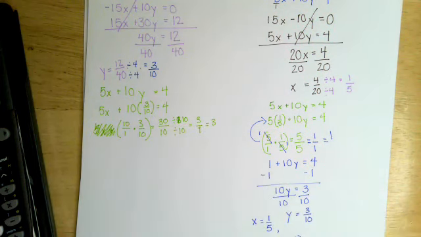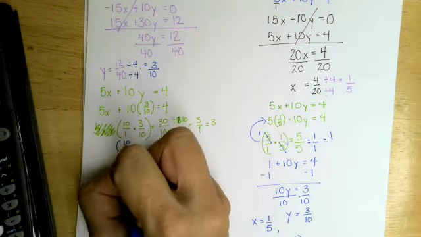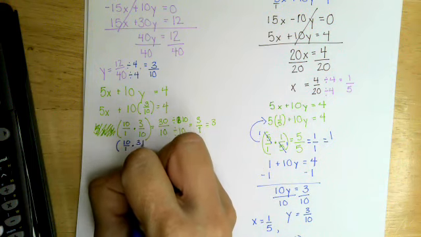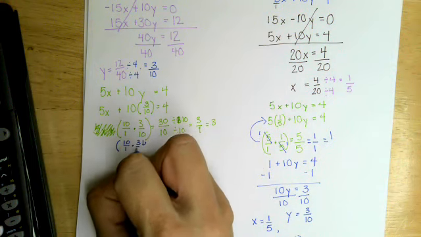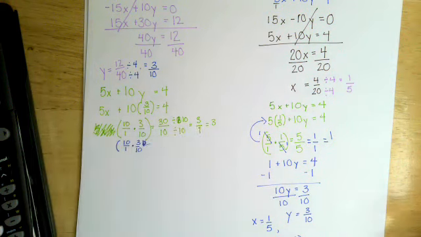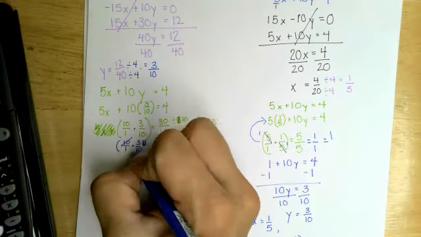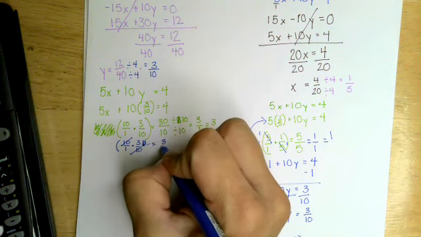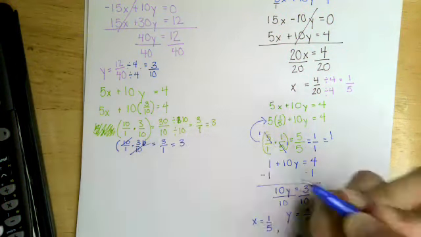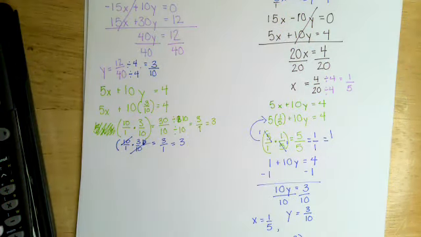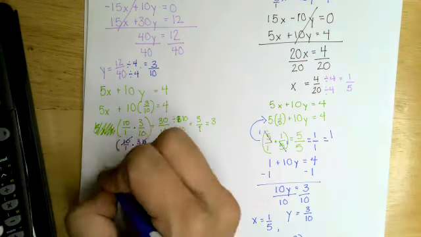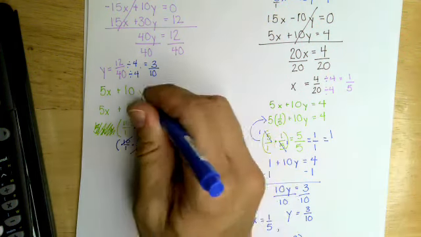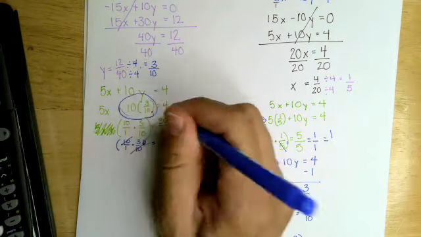You get 3, because with 3 over 10, the 10s just become 1s. So that just becomes 3 over 1, which is 3. So we put that back. So this is 3.